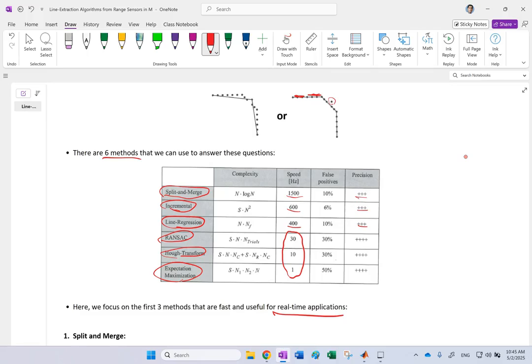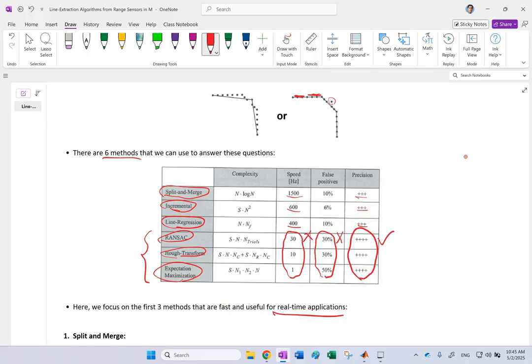RANSAC is not bad, but it depends on how fast you want your system to detect these walls and everything. Maybe 1 hertz is not enough. The other thing about these more precise methods is they also provide more false positives. So that is not good. This is the good part for them. This is the bad part.